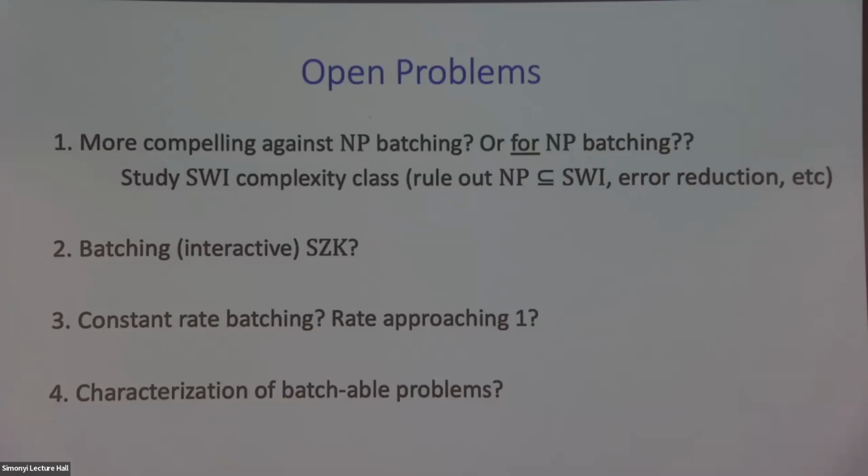And then I think Irit or maybe someone else raised it: the positive results that we have always have this polylogarithmic multiplicative factor. Can you reduce it to a constant overhead, or even maybe 1 plus epsilon, or additive overhead? That would be amazing. And in general, in terms of positive results, we have results for UP, and we have results for SZK or subclasses of SZK. It would be nice to characterize what problems admit efficient batch proofs.